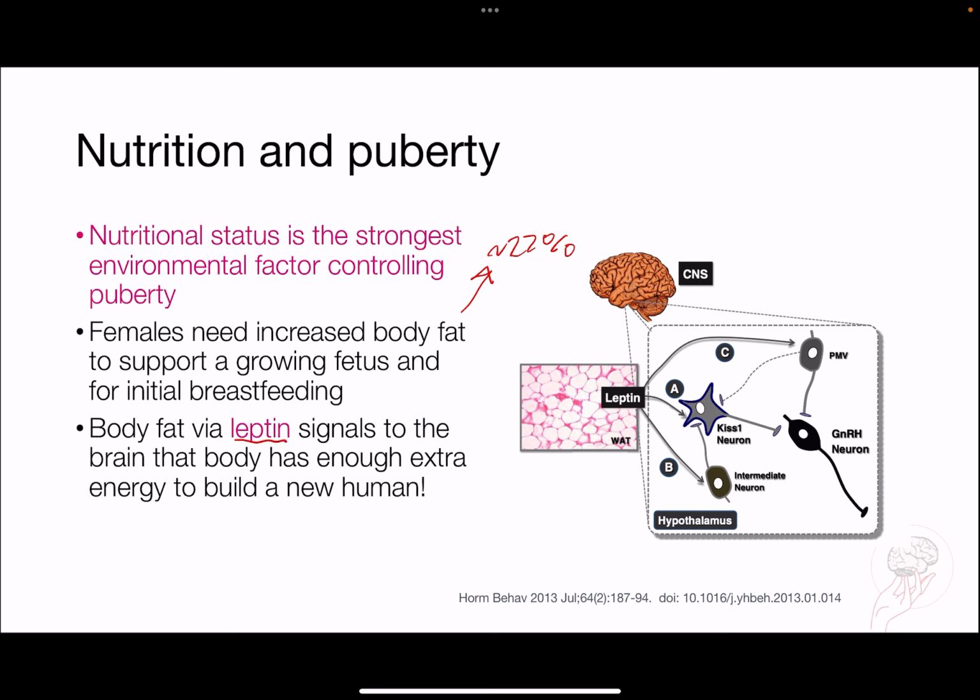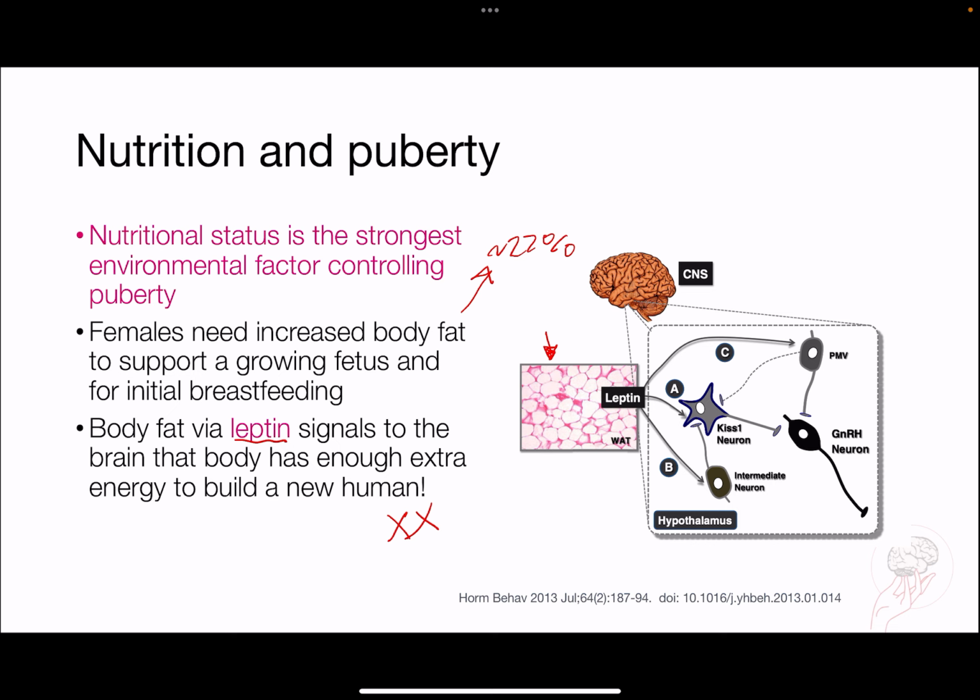And leptin is a hormone that's secreted from white adipose tissue. It signals to the brain and body that the woman has enough extra energy to build a new human. And please note that I'm using the terms woman and female in the strictest biological sense, meaning that the person has a double X chromosome.